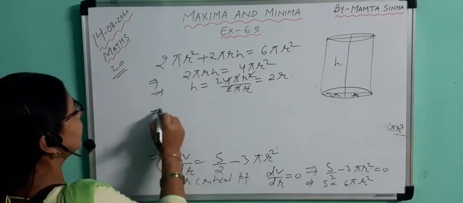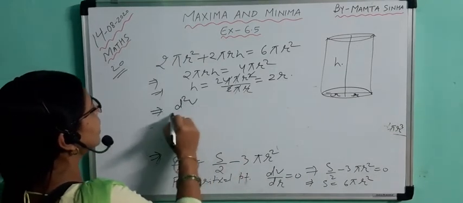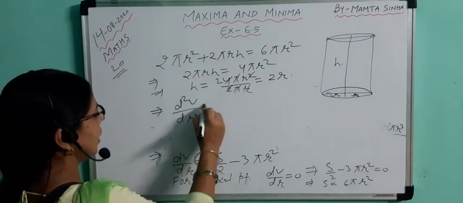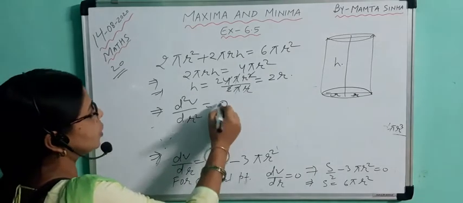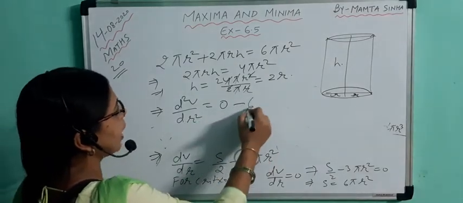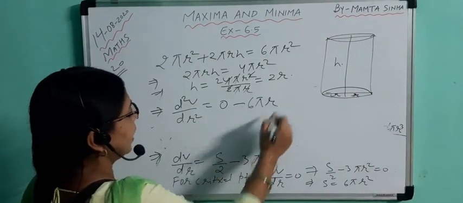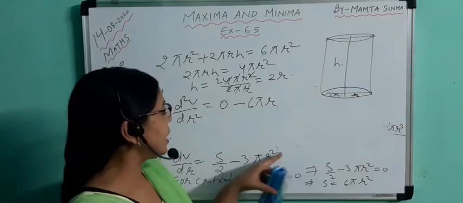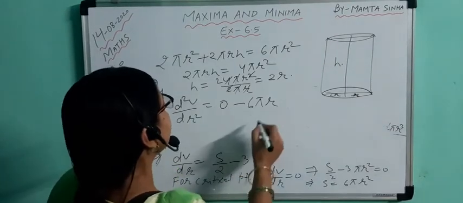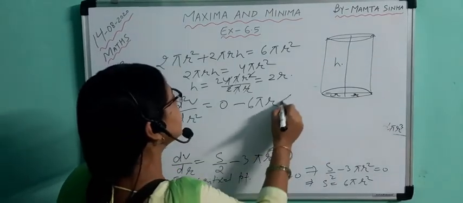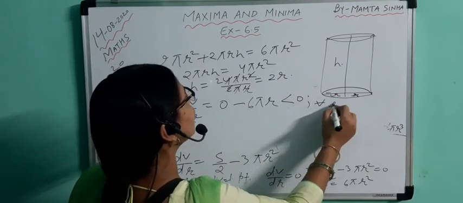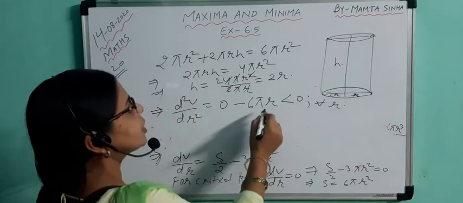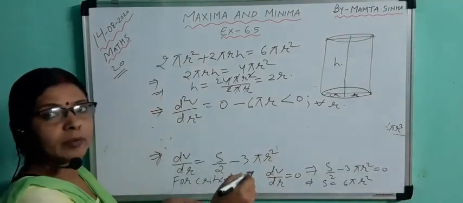We get d2V by dr square is equal to S by 2, which is constant, so its derivative is 0, minus 6 pi r. The derivative of 3 pi r square is 6 pi r. And minus 6 pi r is less than 0 for all values of r, as r is a positive quantity since radius is always positive.